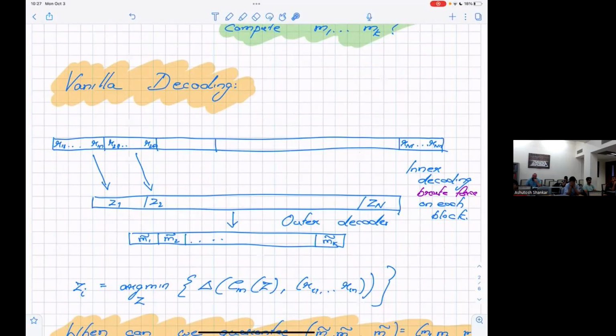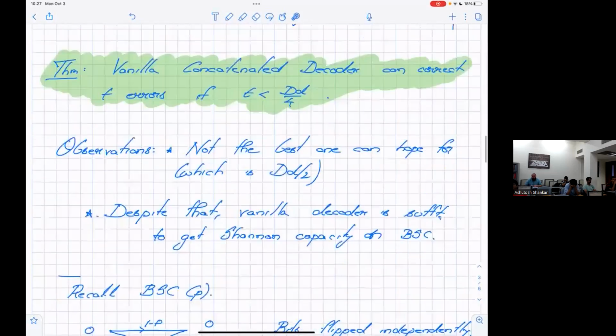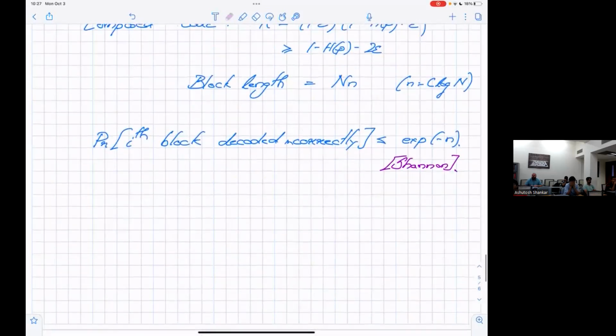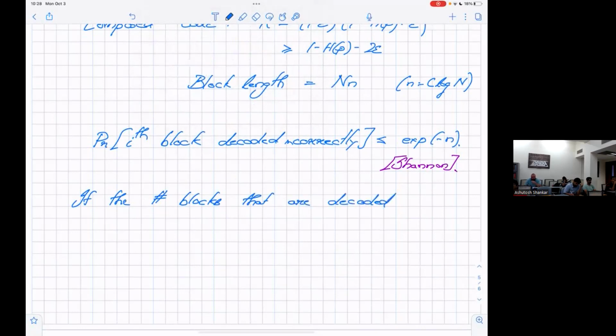Is that fine with everyone? All I want to claim over here is that if the number of blocks that are decoded incorrectly is less than epsilon N by 2, then the outer decoding will recover the message correctly.